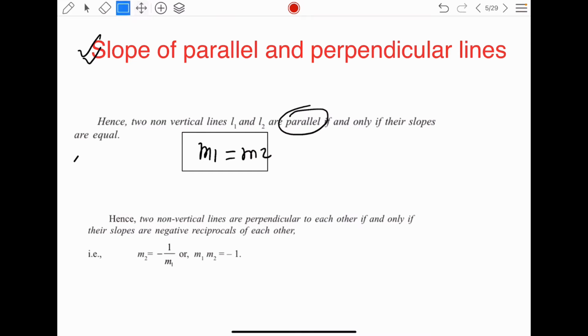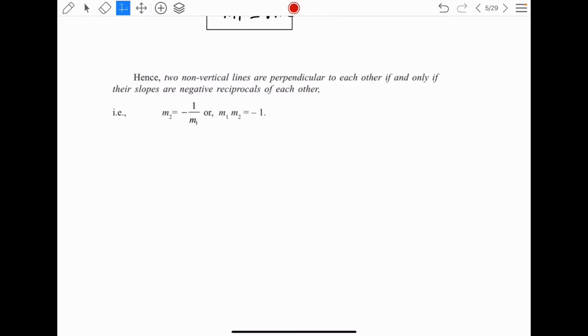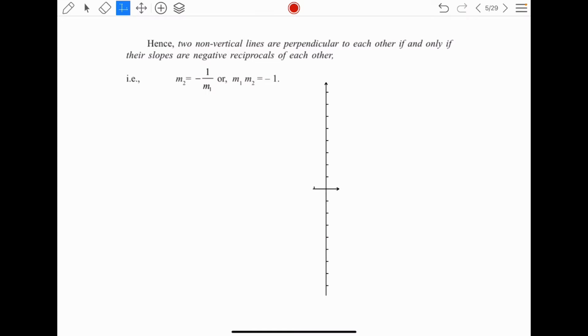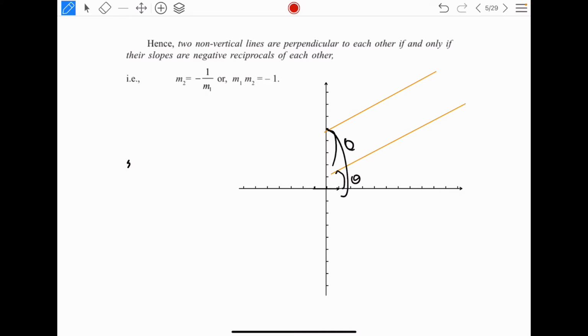Let's understand it graphically. I have a line L1 like this, and I have a line L2 like this. If they are parallel, the angles they will be subtending with the axis, the theta, will definitely be the same. They will be at the same inclination if they are parallel.